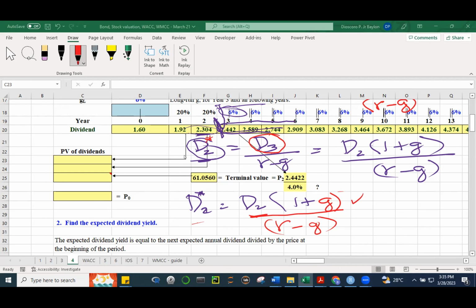Technically, the D2 star. What is its equivalent value? Anyone? Just follow the formula, class.